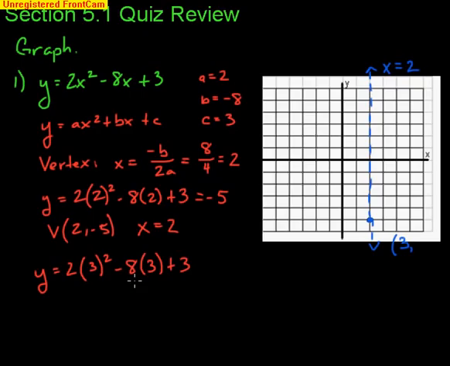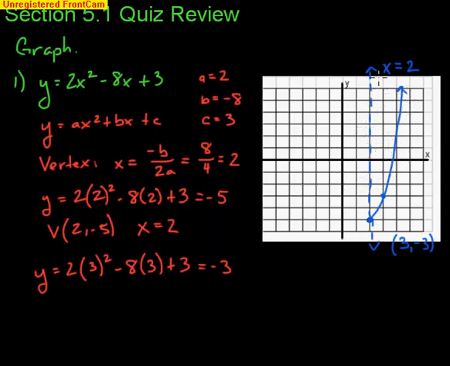And again, we use our calculator, and our answer comes out to be negative 3. So here is our other point, 3, negative 3. And I'm going to graph that. And there's the right side of my parabola.